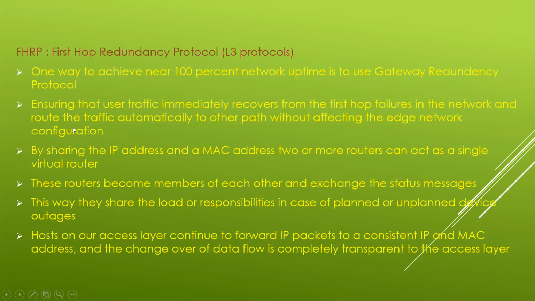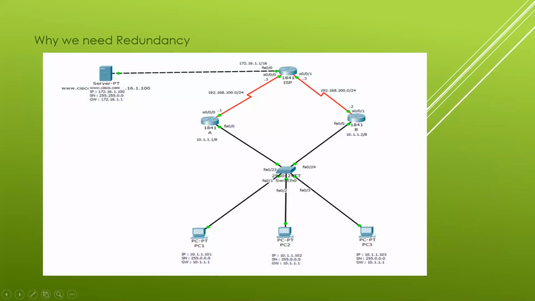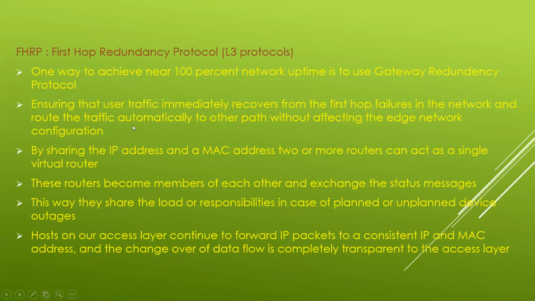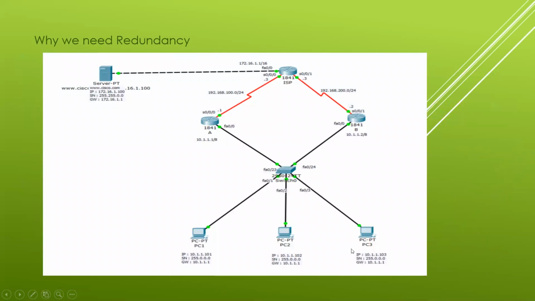Whenever a router fails, the traffic is automatically routed to the other path without affecting the configuration at the edge.